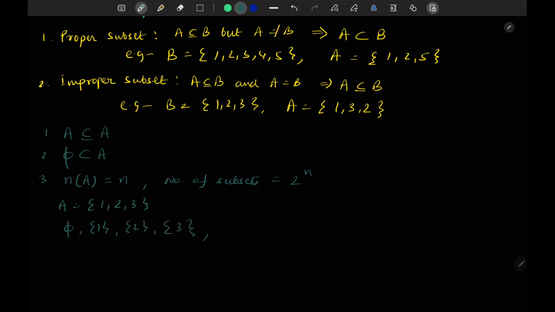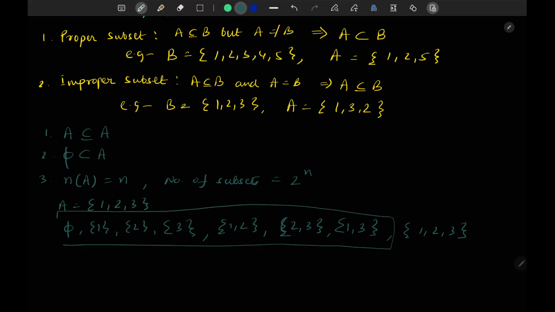Taking two elements at a time, we get the subsets 1, 2, 2, 3 and 1, 3. And now taking three elements at a time, we get the subset 1, 2, 3. Out of which all these subsets are proper subsets and this one is an improper subset. So we can see that the cardinality of the set A was 3 and the total number of subsets this set has is 8, which can be derived from the formula 2 to the power n.